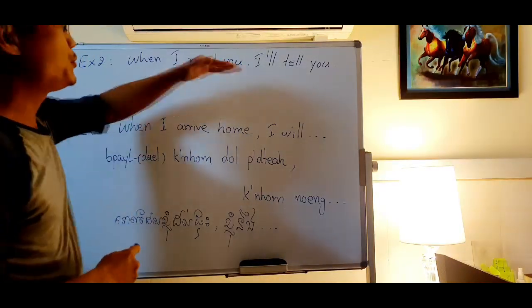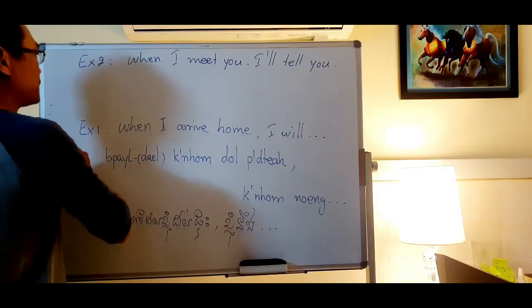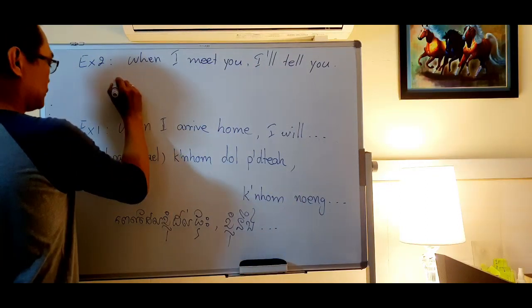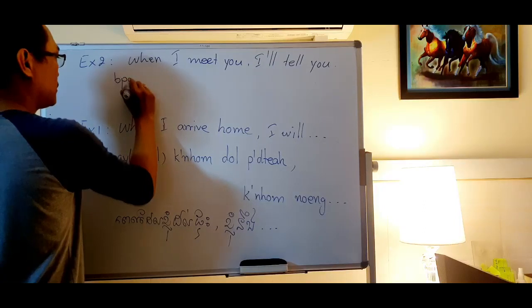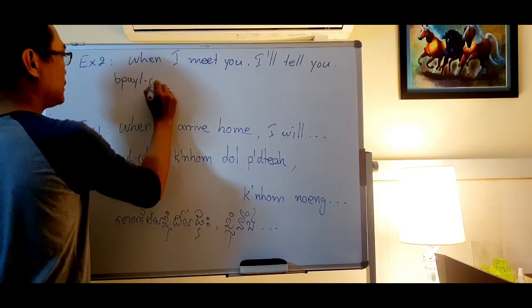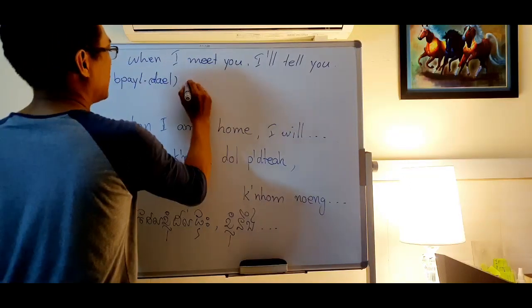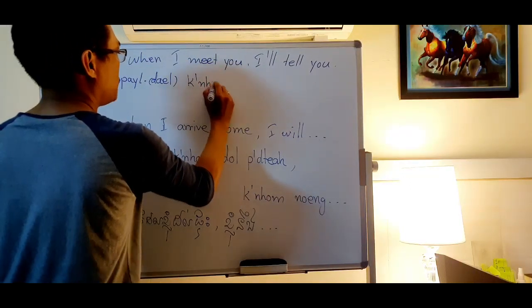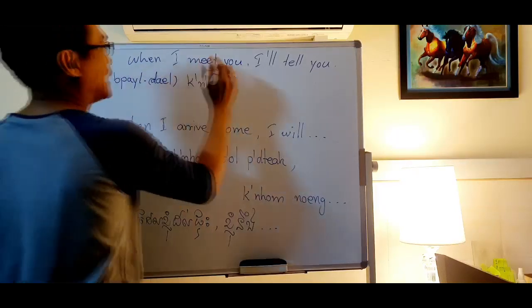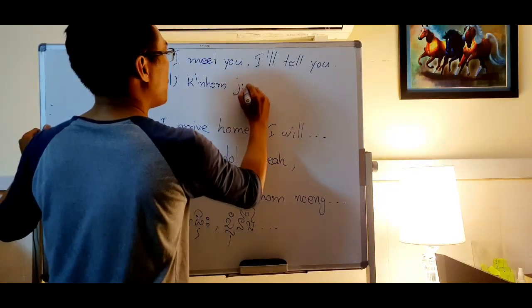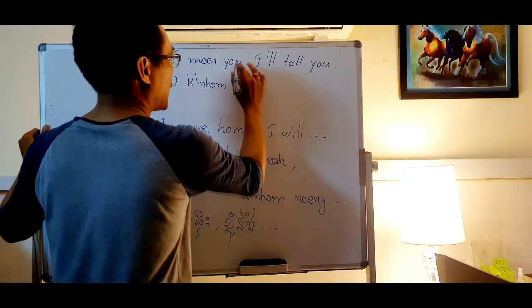Okay, so now look back to our example again. When I meet you, I will tell you. So I say ពេលដែល. Again, ពេលដែល. I, ខ្ញុំ. Meet, ជួប. And you, អ្នក.